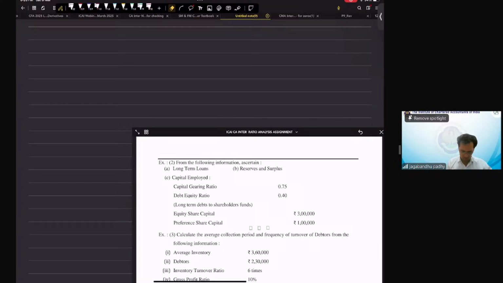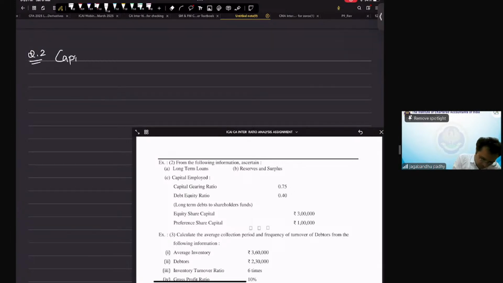So let's use the ratios one by one. The first ratio is debt equity ratio and capital gearing ratio of 0.75. The debt equity they have clearly specified is long-term debt. Equity share capital is given, preference share capital is given. So let us talk of initially the capital gearing ratio.